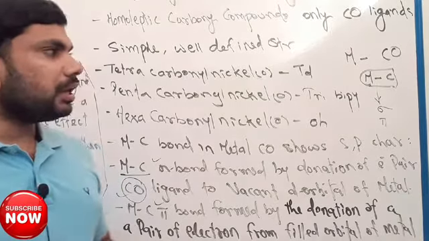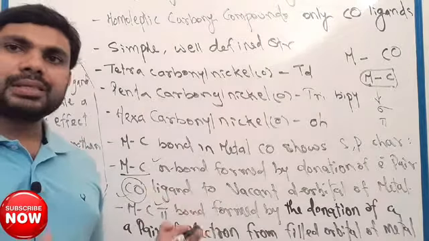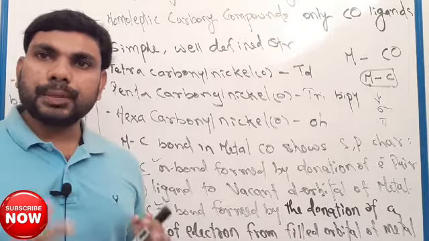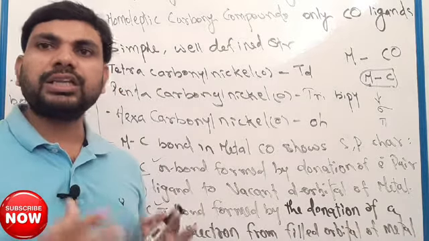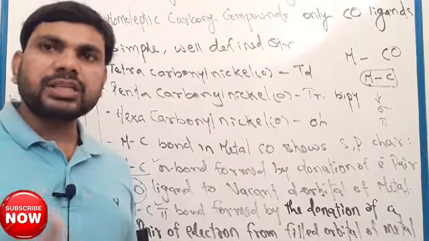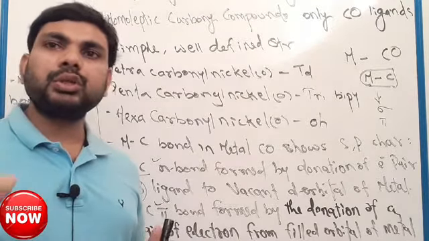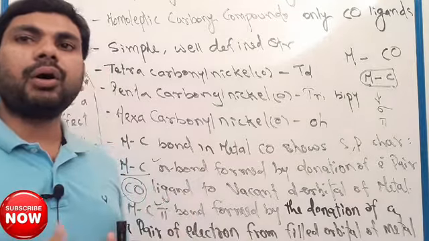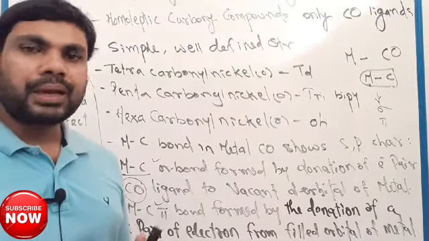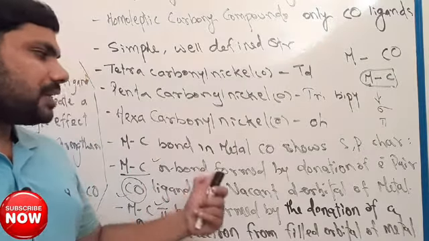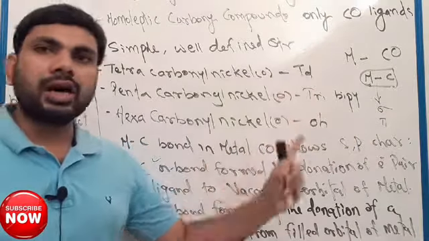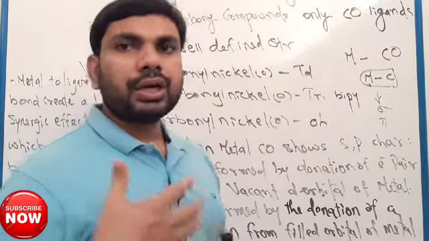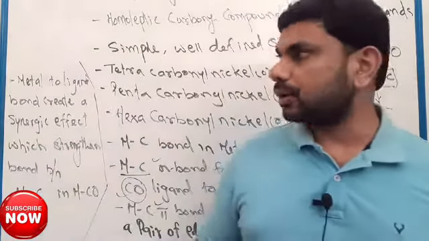Similarly, in some cases the central metal atom contains filled d electrons. These filled d electrons can donate into the anti-bonding orbital of the carbonyl group, and this helps to form a pi bond between metal and carbon atom in metal carbonyl. Clear?